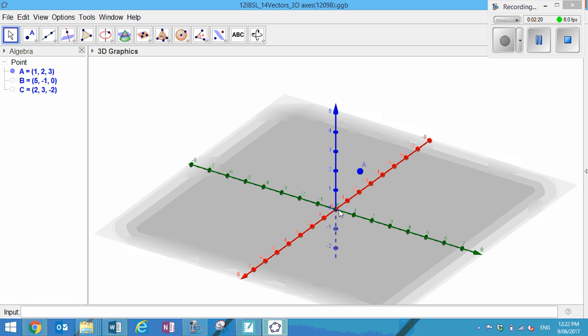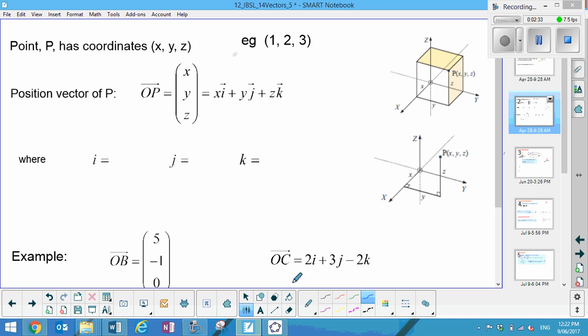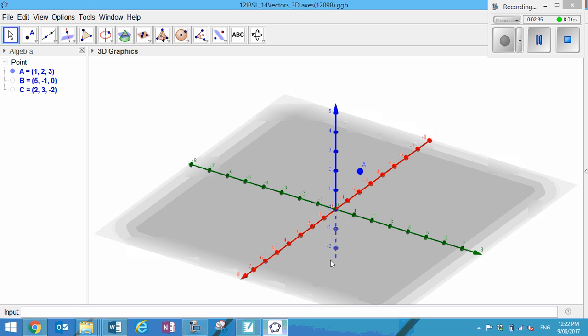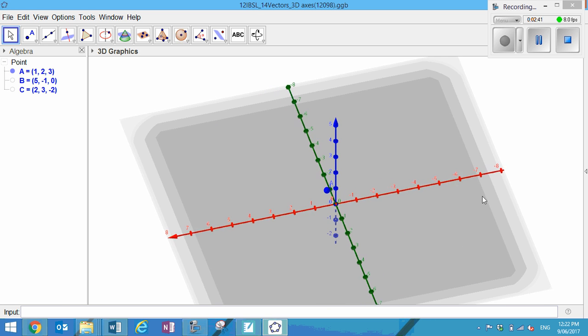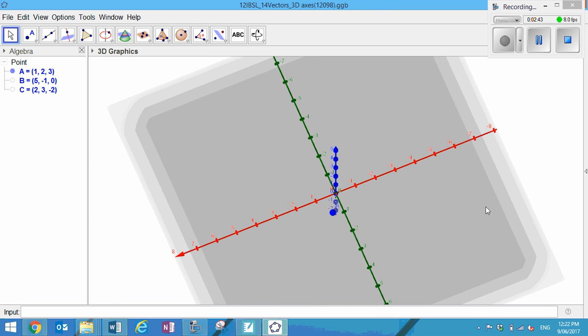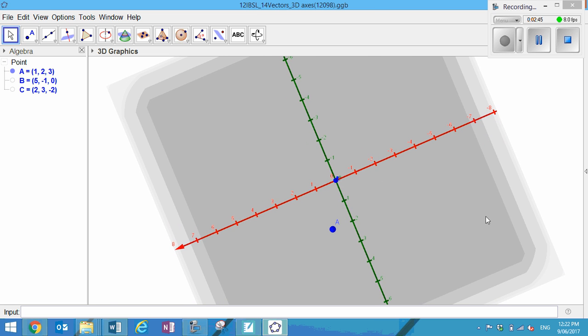All right? So that means it's 1 unit in the x direction, 2 units in the y, and 3 in the z. We can pivot this around and actually look and see what's happening. So this is our x-axis. If we want to just look at the x-axis and look down the z, this is x, this is y.